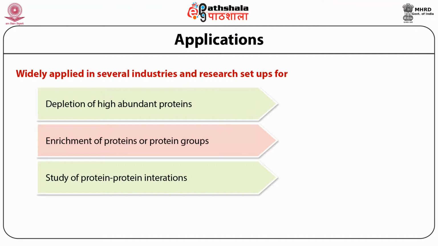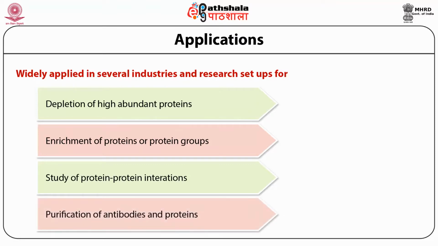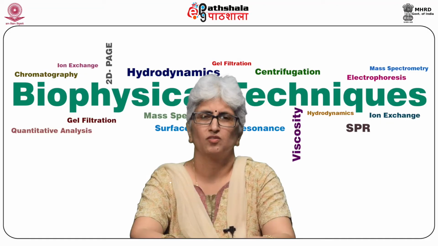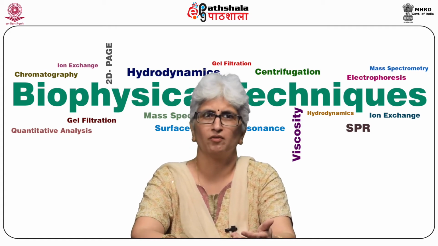And the most common use is purification of antibodies and proteins from any source. So these are the applications. You can use affinity chromatography for depletion of highly abundant proteins, enrichment of proteins, to study protein-protein interaction, and purification of antibodies and proteins.